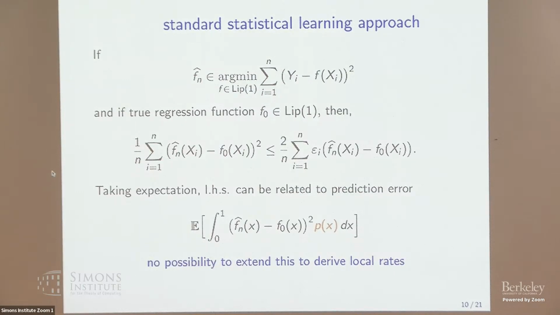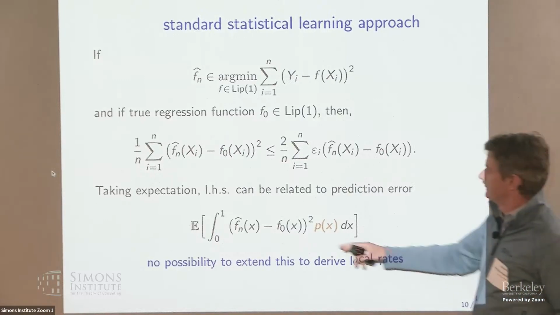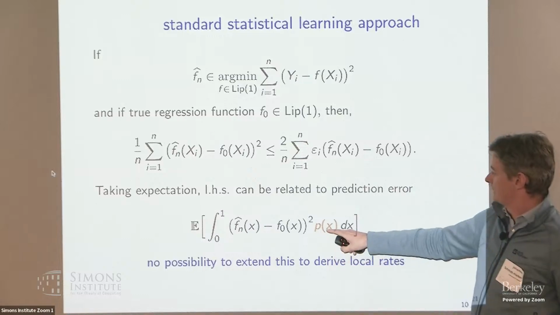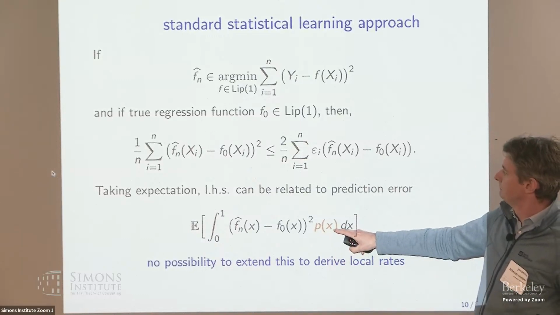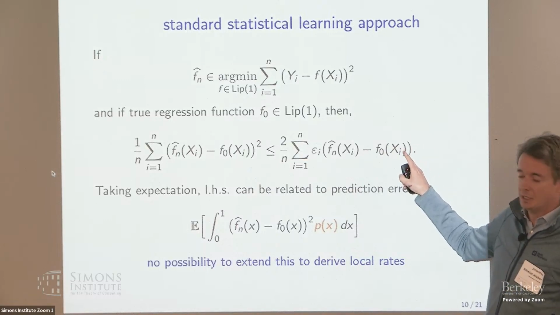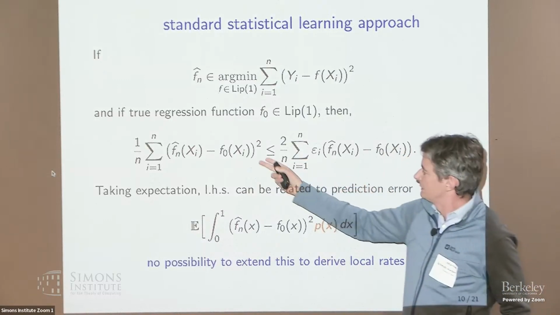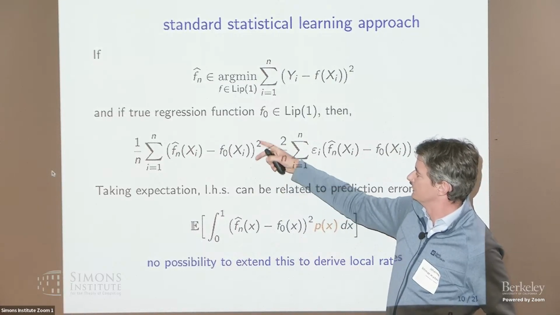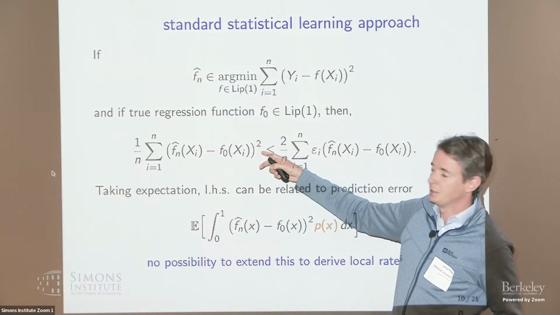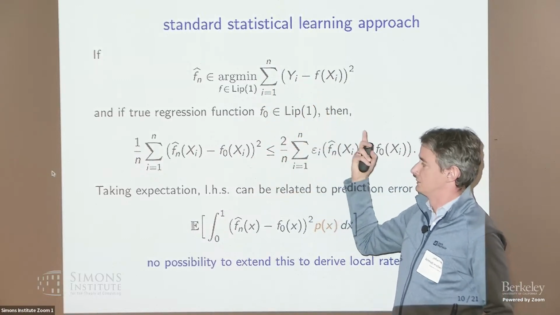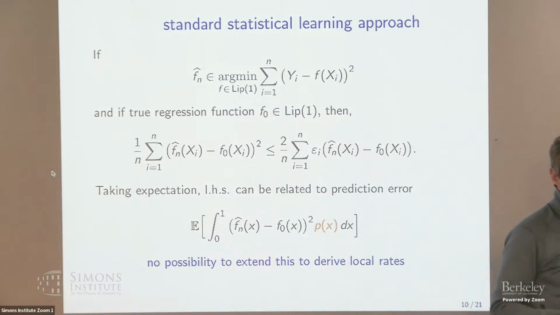On the left side of this basic inequality, we get something that already looks like the prediction error under the source distribution. And the right-hand side is typically bounded with empirical process theory. And there's nothing we can really do here to get rid of this thing or introduce a different distribution here, right? Because this was a global criterion. Somehow we just get this inequality in this form. So there's nothing we can do about that. That's, let's say, the problem.